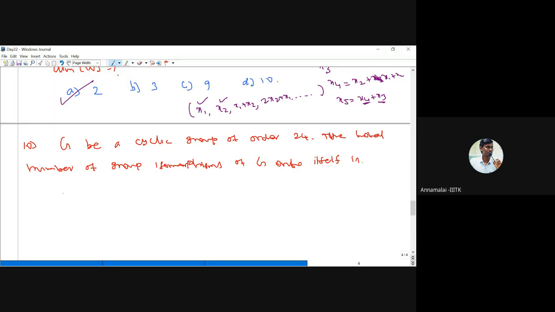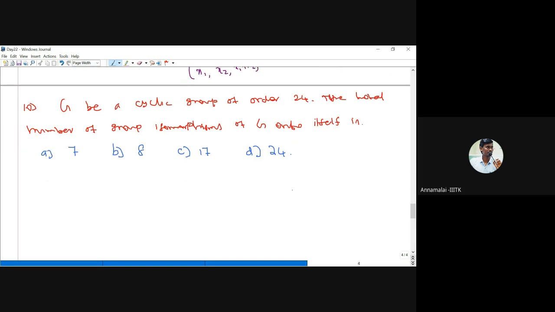The options are, first option is 7, second option is 8, third option is 17, and the last option is 24. So they're asking the number of isomorphisms from G onto G, which is nothing but automorphisms, and we know the result. So we quickly recall the result.